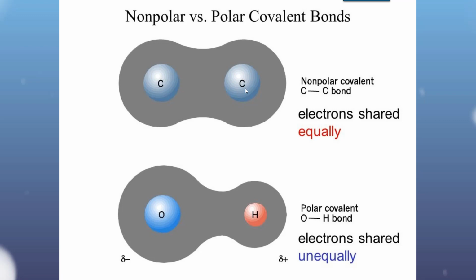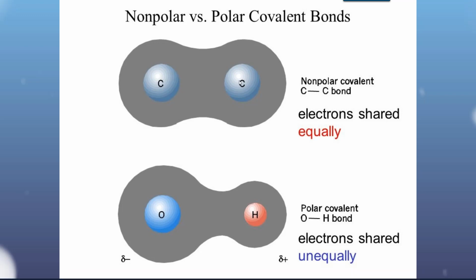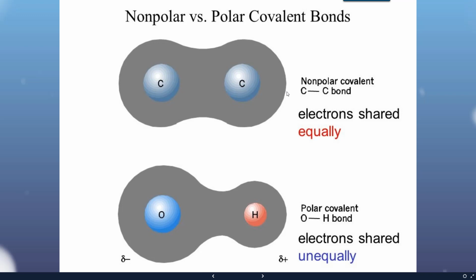So they're attracting the electrons to their nucleus in an equal distribution. That means that the electrons spend the same amount of time around this carbon atom that they do around this carbon atom.